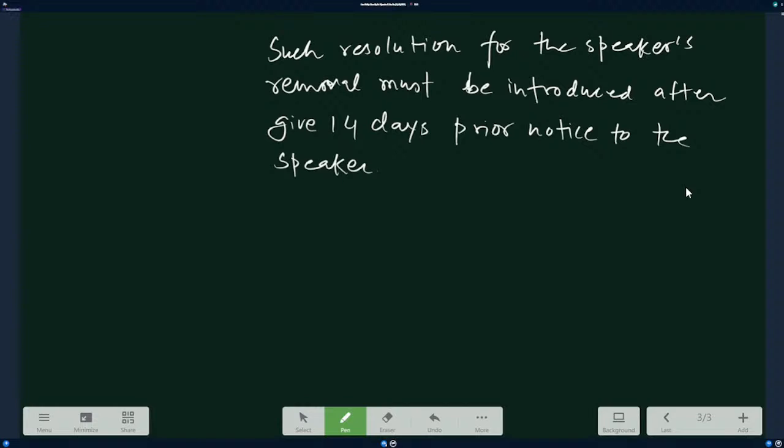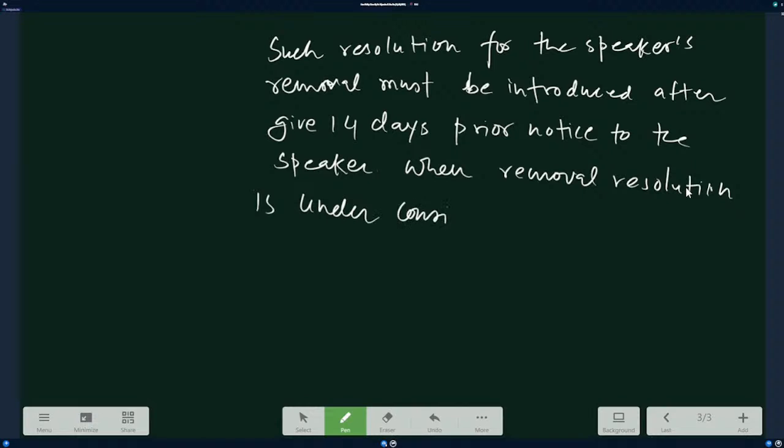When a removal resolution is under consideration, the speaker cannot preside over the house.